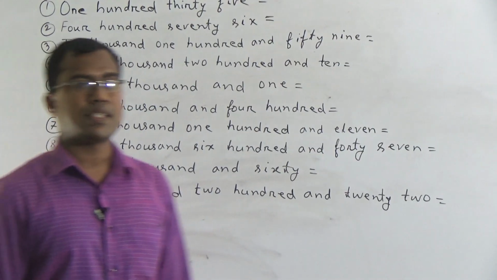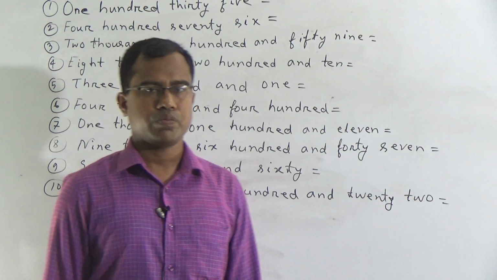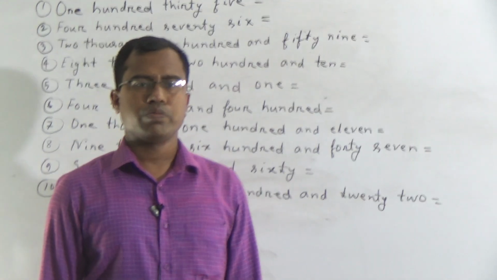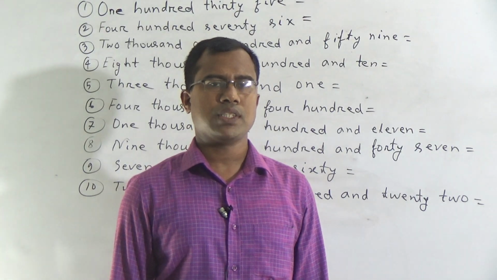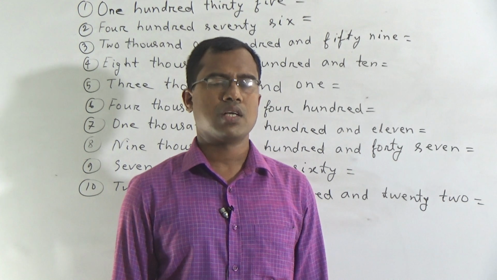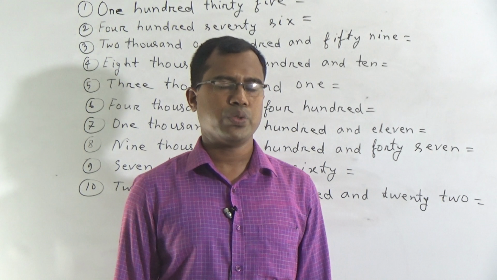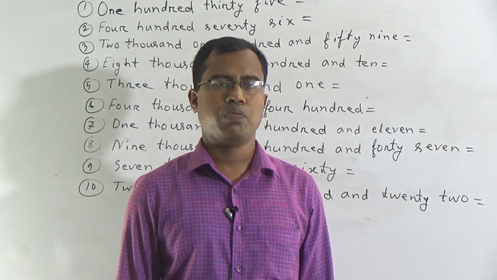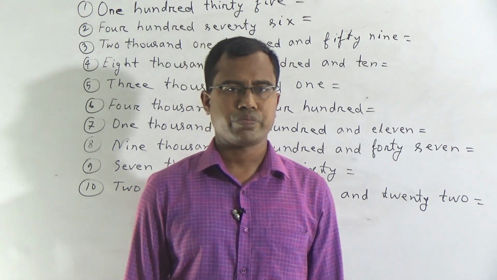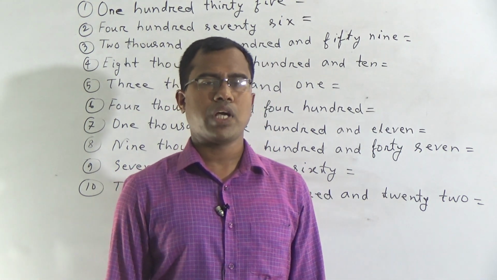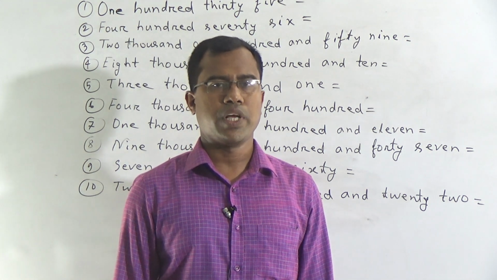At first, I want to discuss some basic concepts related to this topic. Dear students, you know that we use 10 digits in mathematics for expressing any large number. These are 0, 1, 2, 3, 4, 5, 6, 7, 8 and 9. The value of any digit may change depending on its place.